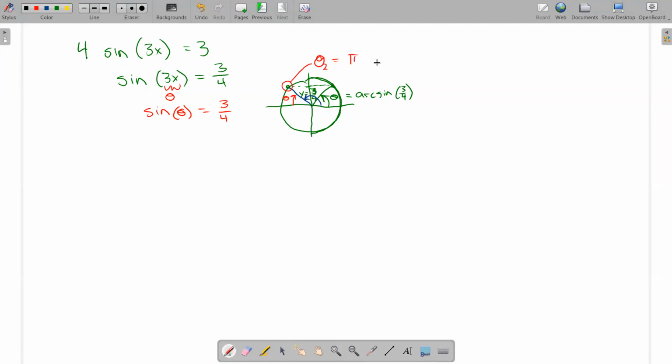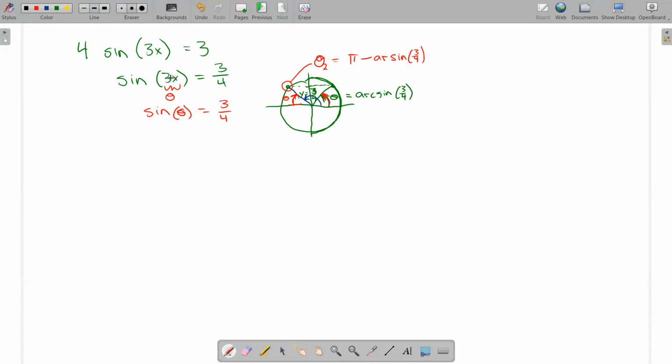That's going to be pi minus what the arc sine gives me. By my picture, I know the arc sine of 3/4 is a positive number. So I go over to pi here, and then I back up by that same angle, but going clockwise instead of counterclockwise. So this one right here should be the other angle I want. Those should be the two basic solutions if it was just sine of theta equals 3/4.